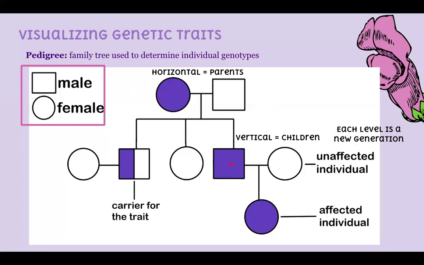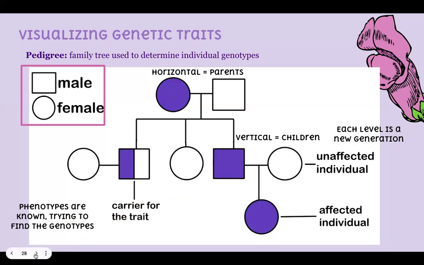Of those 3 children, how many are married? 2. 1, 2. The one that is not married, are they a male or a female? Female. How many grandchildren would they have? 1. Okay, so that's how we would read this.